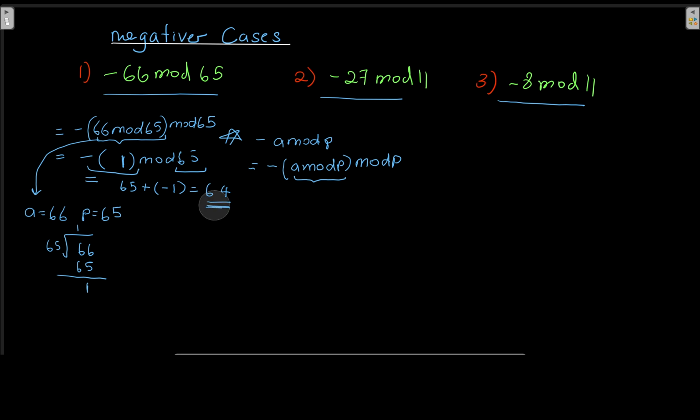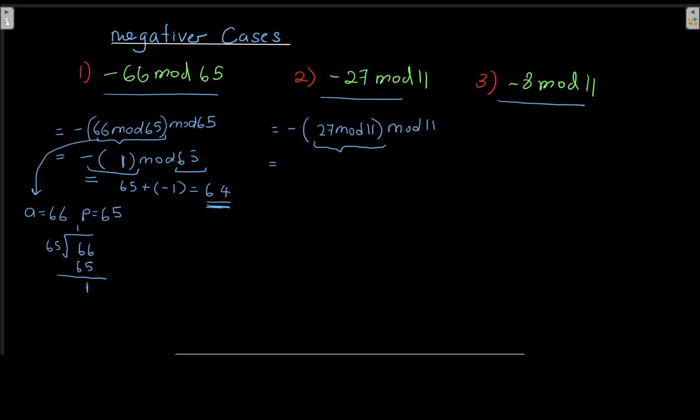For question 2, we can use the similar formula to expand it as minus (27 mod 11) mod 11. Now we have to find the value of 27 mod 11.